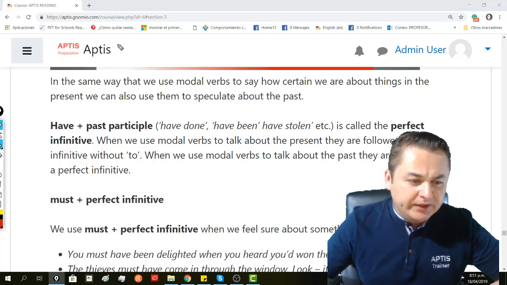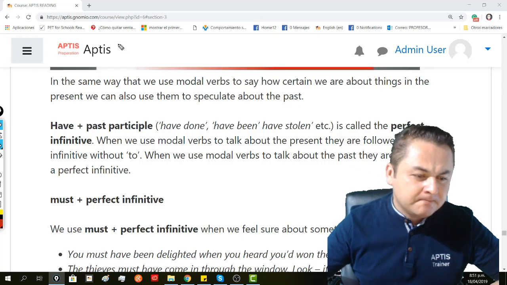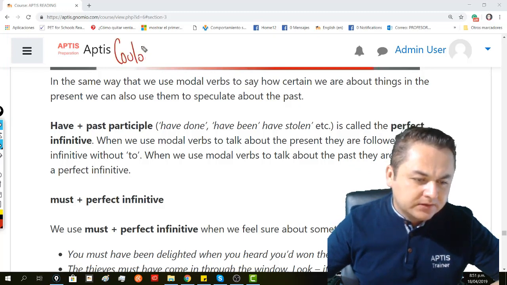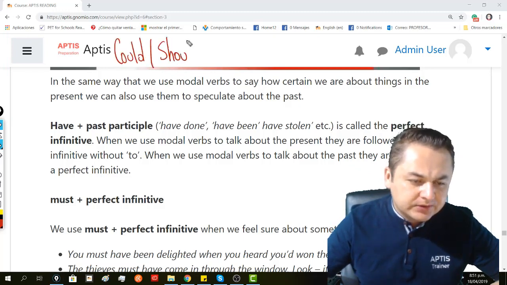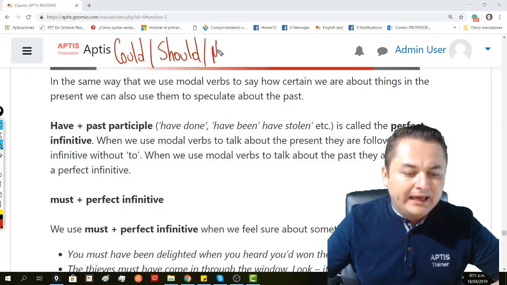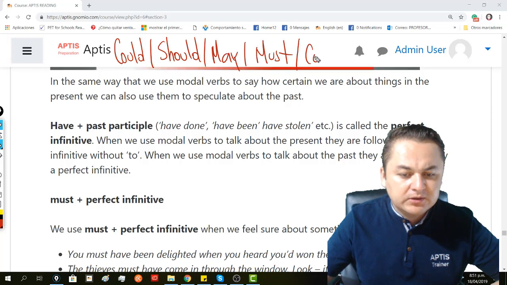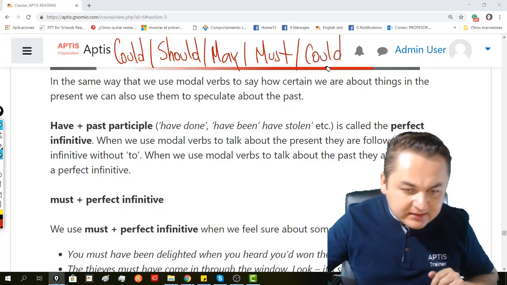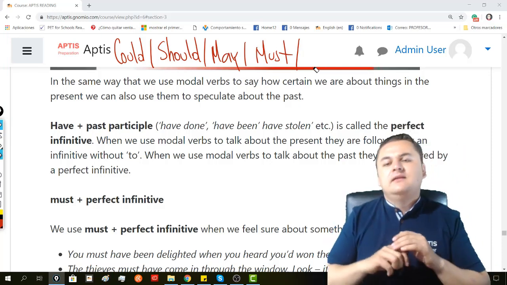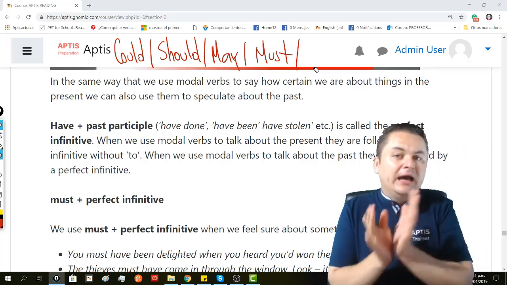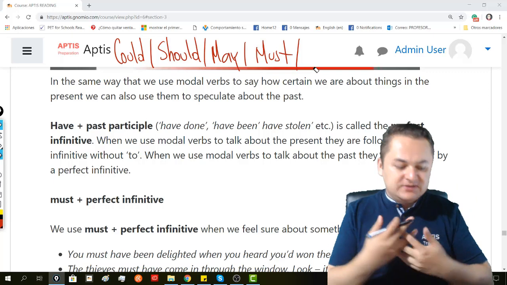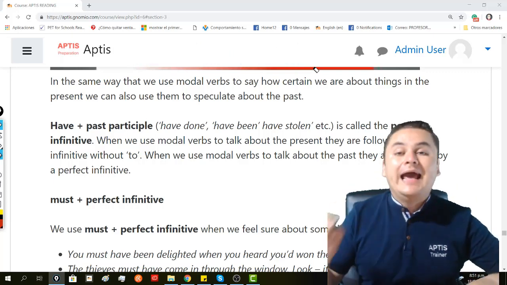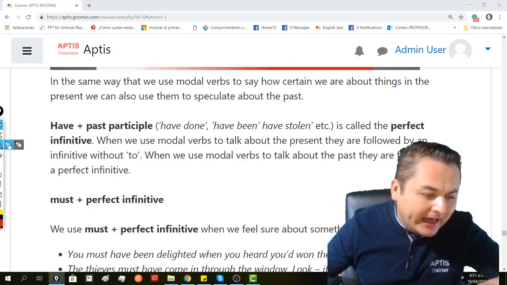For modals, I'm going to give you some examples: could, should, may, must. Those are modals. And to make them in the past, to transform the sentence meaning, I am going to add the verb to have.